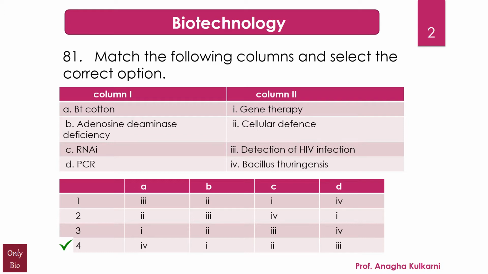Then the third option, that is RNAi. Here the reference is not in your books, so please listen carefully. RNAi, that is RNA interference. I stands for interference. It's a biological process in which RNA molecules inhibit gene expression or translation by neutralizing the targeted mRNA molecules.